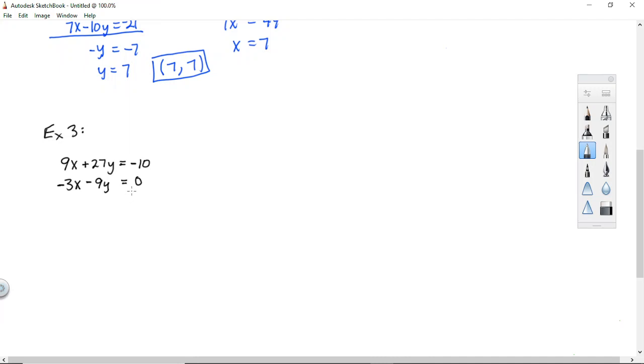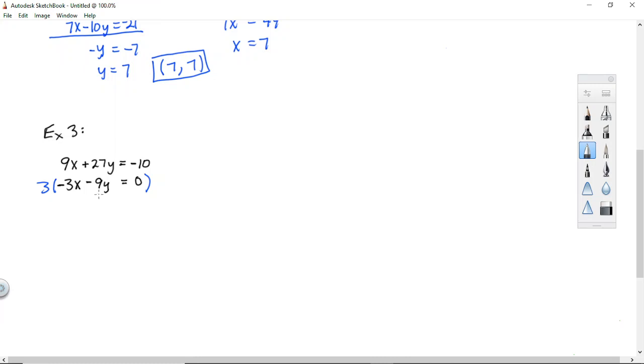We also can't just make one of those negative by multiplying by -1. But if we multiply by something else, we can get it to happen, right? We can get rid of one of these variables. We can eliminate one of these. And the way we'll do that, we'll take this bottom one and we'll multiply it by 3.